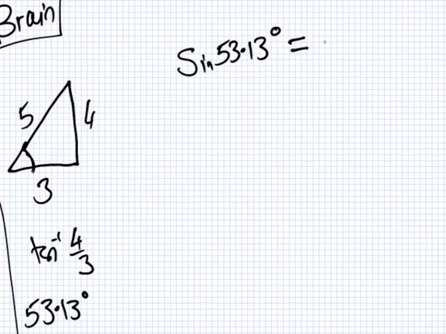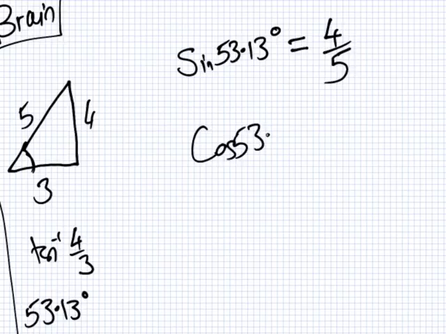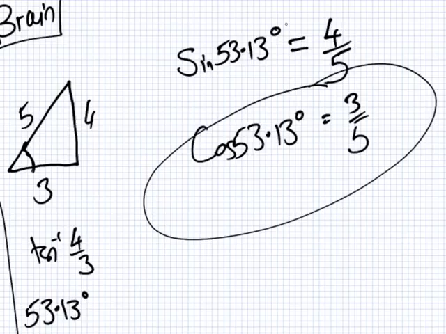Now don't type it in, it's something you should see here. 4 over 5. And cos 53.13? 3 over 5. Now check it on your calculator. So you know this is a fact. You can check it on your calculator.